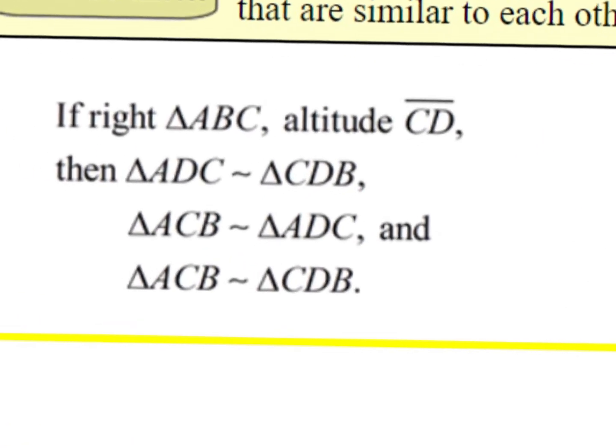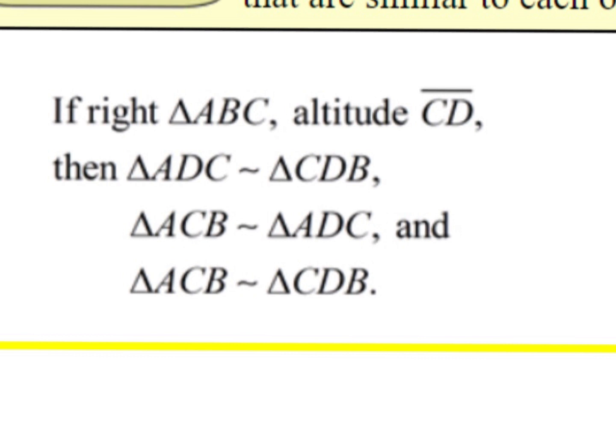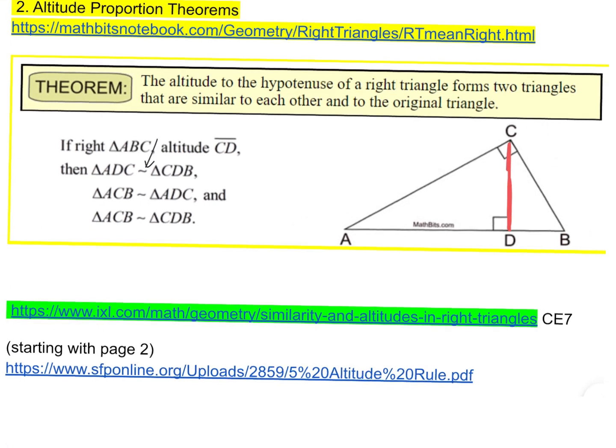And these little squiggly marks in between here mean similar. So triangle ADC, I'll mark that in red. So ADC, that triangle is similar to triangle CDB.